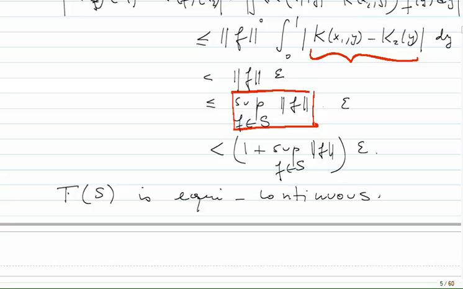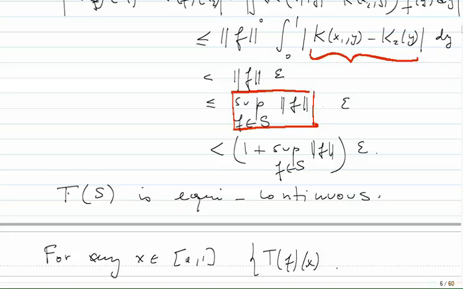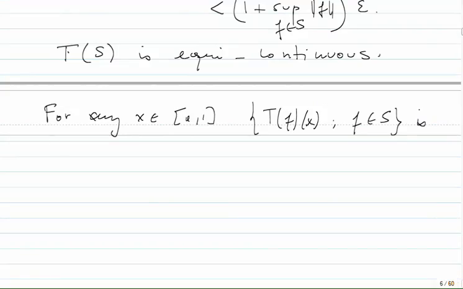Okay, so as I said, for any x in [0, 1], if you look at the set of T of f at x, f belongs to S, this set is bounded in R, so it is relatively compact.